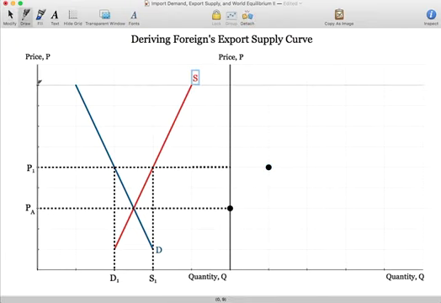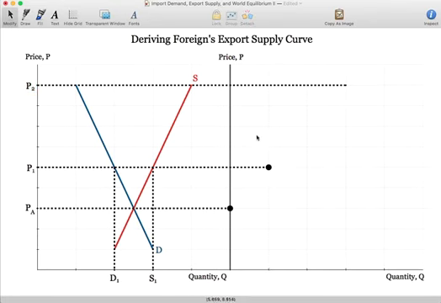I'll do it for a price up here. And actually, let me move that point over so it's a little bit easier to see. And I'll bring this point over to a Q of 3, because I know that that's what's going to be the answer. So here we have an even higher price of P sub 2.